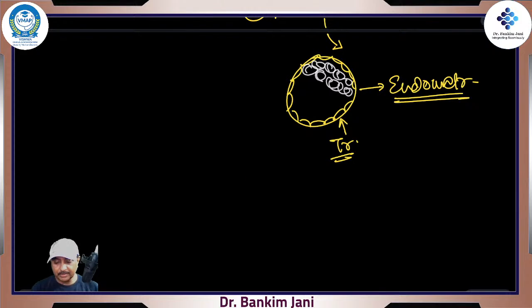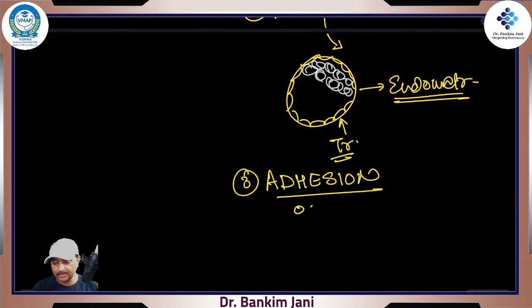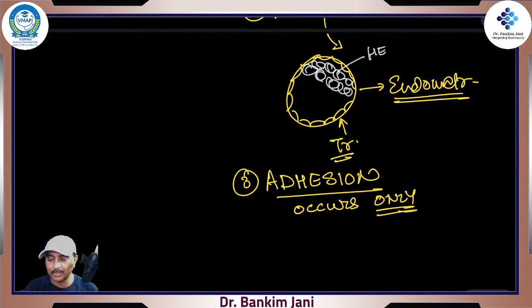But then the third stage is called adhesion. Adhesion occurs only when the alignment is proper. That means when the head, and we are calling it the head just for our convenience, is aligned, because it won't happen if it is reversed. This portion will never be embedded into the endometrium.